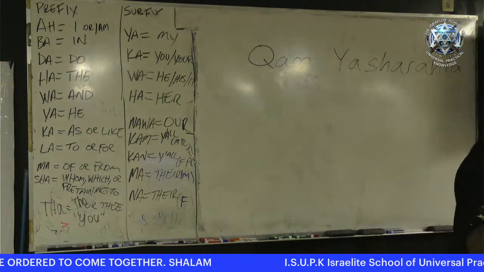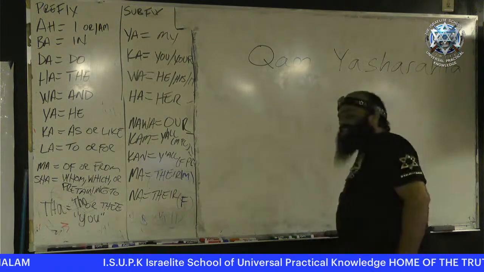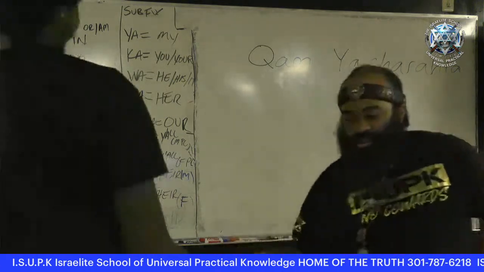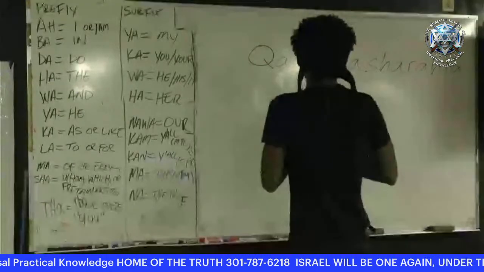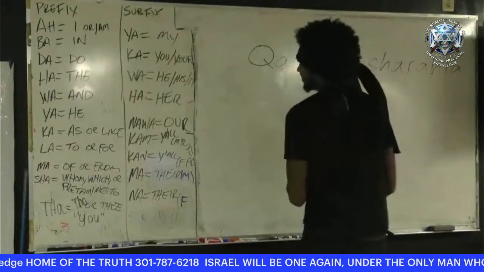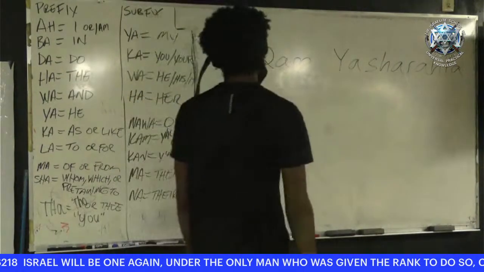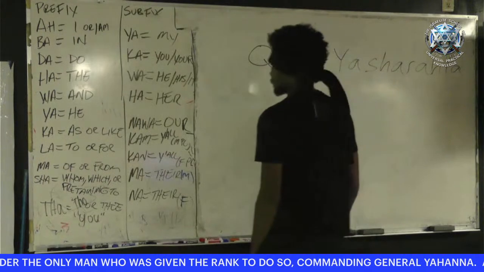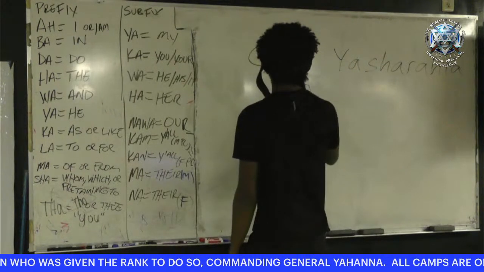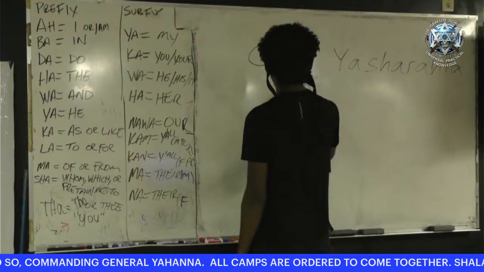If you could come on up, brother. There you go. Remember, we write right to left in Hebrew. Why didn't you start on the right of the board? Oh, I see what you're doing, you're writing it underneath.